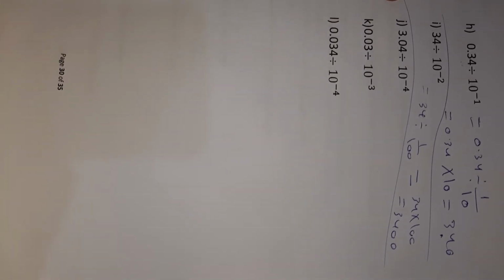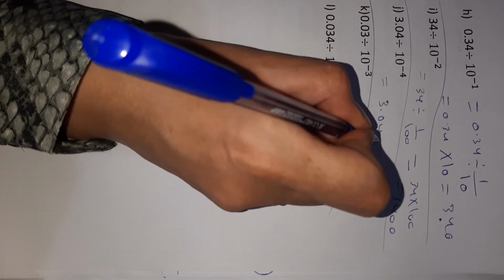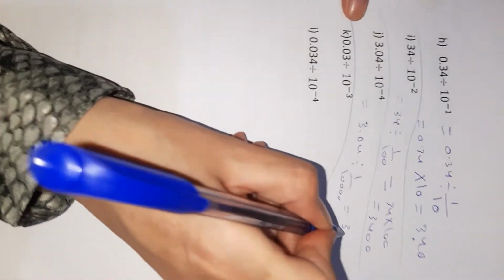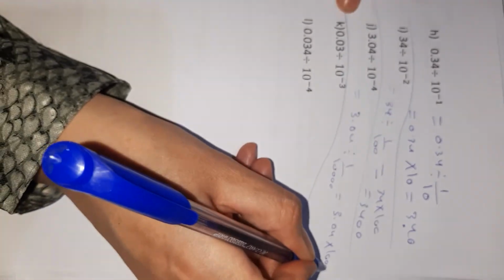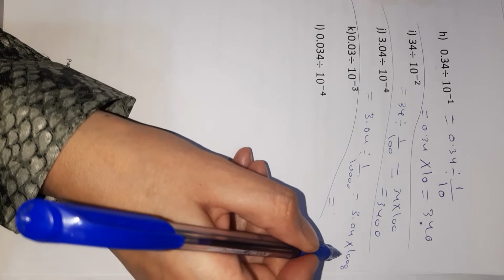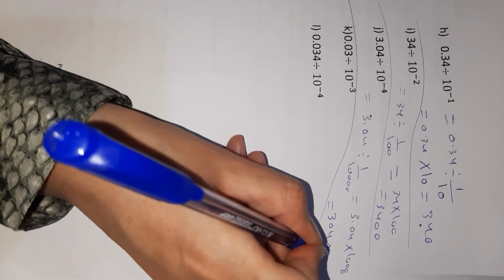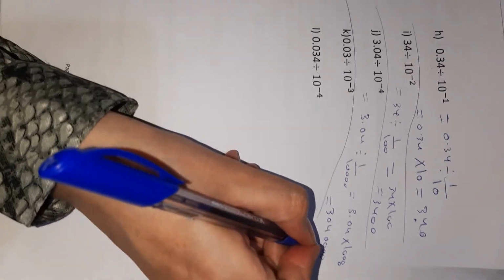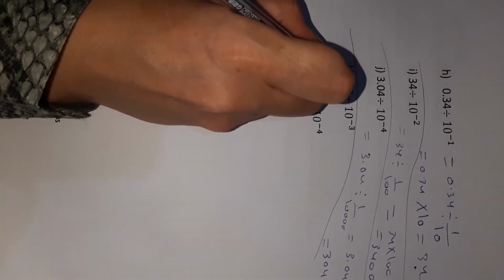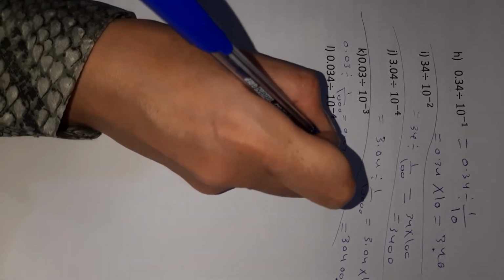Now this one also equals 3.04 divided by 1 out of 10,000. It means 3.04 times 10,000, 4 zeros, equals 304 times 10,000. Multiply normally. 1, 2, 3, 4. 2 decimal places. Put the point here. Now this one also, 0.03 divided by 1 out of 1,000 equals 0.03 times 1,000.